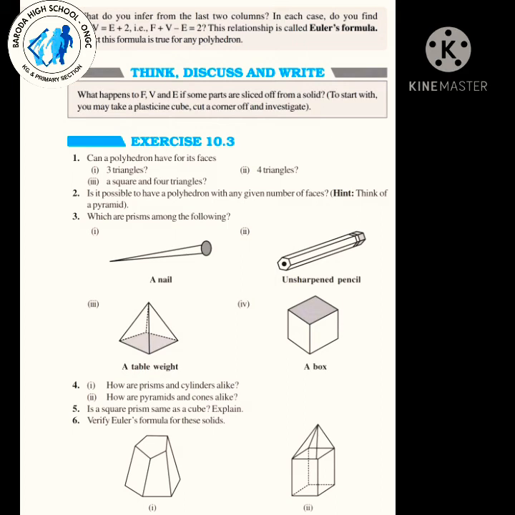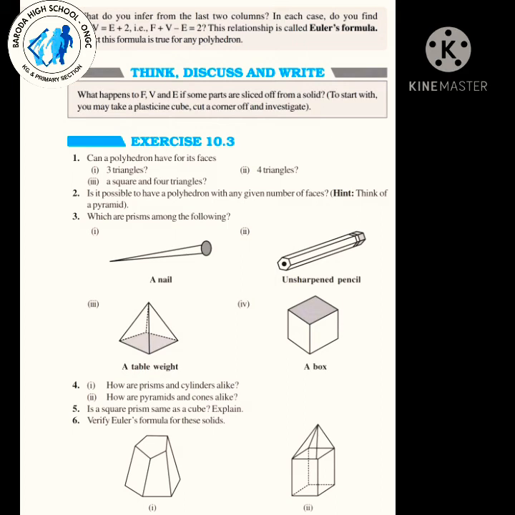The second bit asks for 4 triangles. Yes, a triangular pyramid has 4 triangular faces. The third asks for a square and 4 triangles. Yes, it's possible. A square pyramid has a square base and 4 triangular faces.